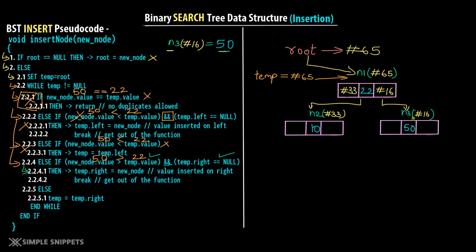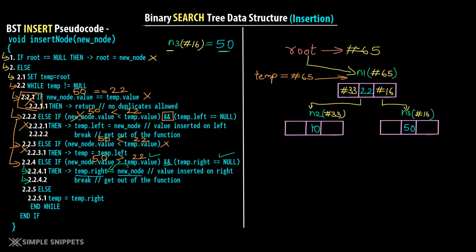This new node n3 is created at the address hash 16, and that hash 16 is now stored as the right pointer address by saying temp dot right, because temp is of course pointing to n1. n1's right is on the left hand side, and on the right hand side we have new node. So the new node's address is stored as temp dot right, and then you simply say break. We will come outside this function. We can print out that value is inserted on the right. Okay, so one more node is added.